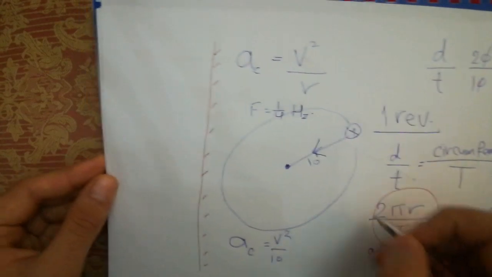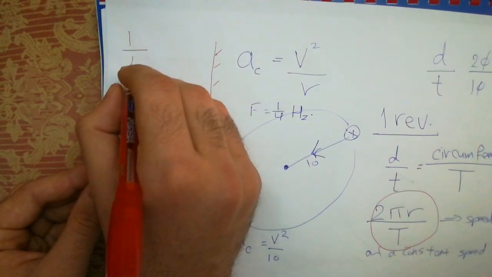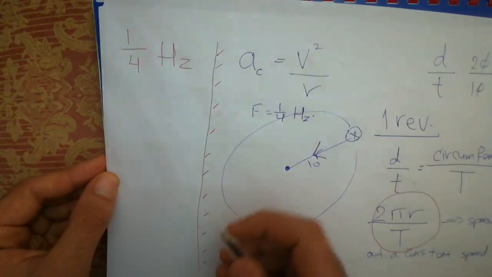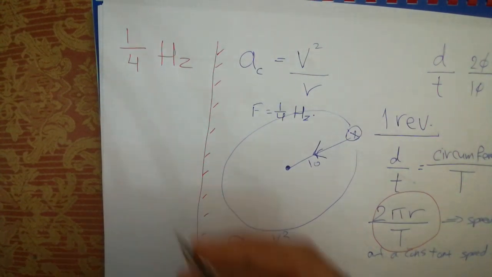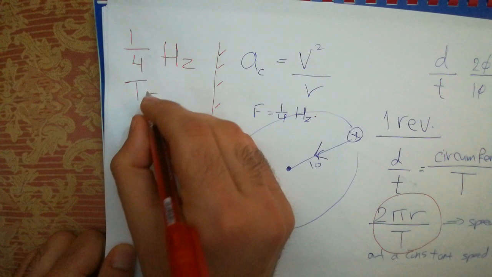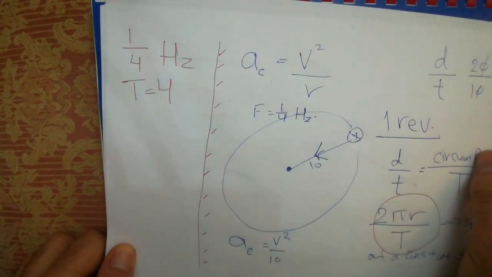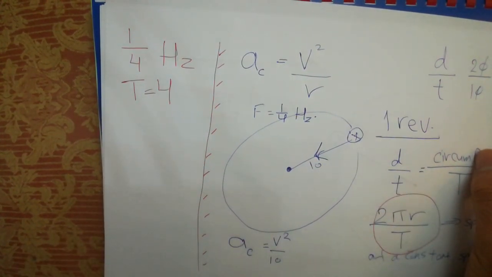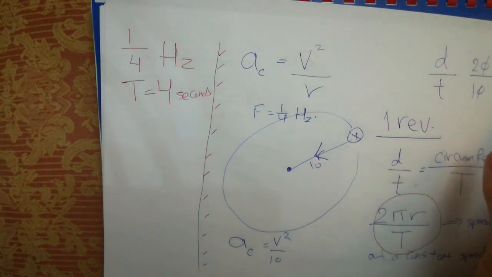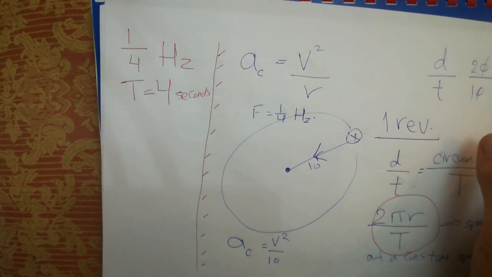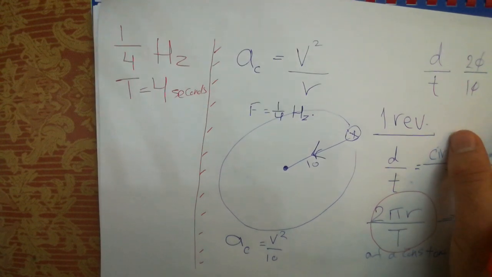Well, the frequency is 1 over 4 hertz. And because the period is basically the reciprocal of frequency, we know that period is 4 seconds. What does period equal 4 seconds mean? Well, that means that it takes 4 seconds for the object to finish a cycle. It's pretty slow. That wouldn't hurt if it hit you in the head.